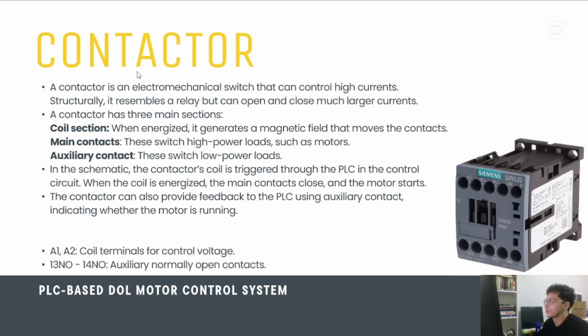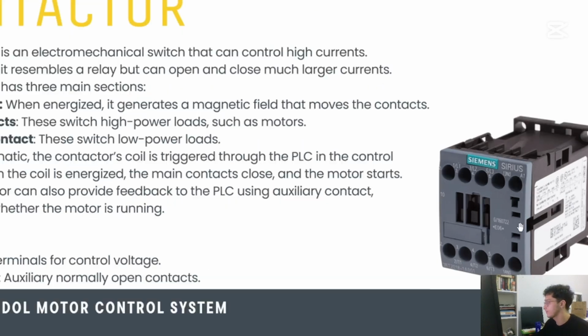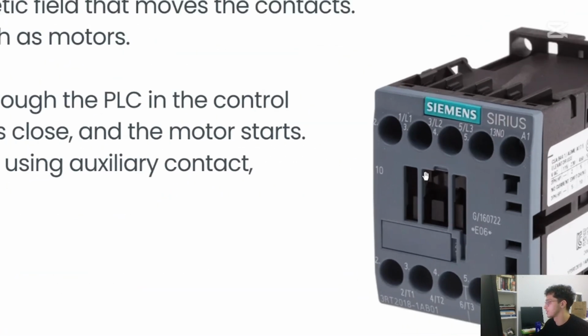Contactor. A contactor is an electromechanical switch that can control high currents. A contactor has three main sections. The coil section, which is A1 and A2. Then the main contact, which is here, and the auxiliary contact is here.